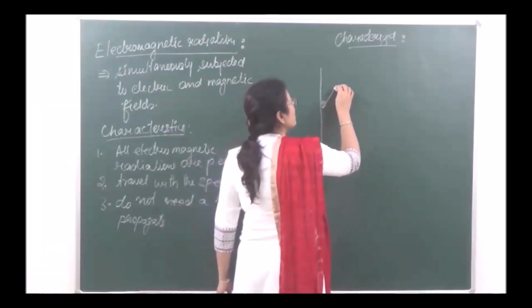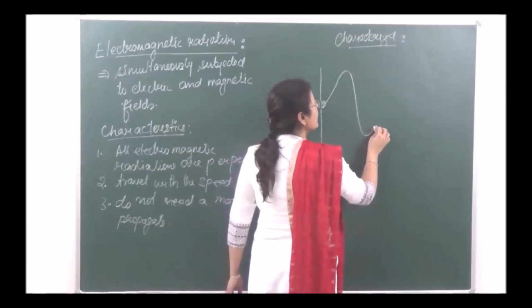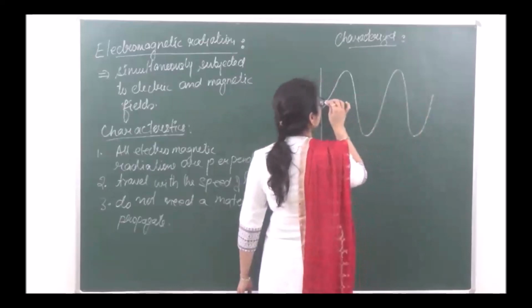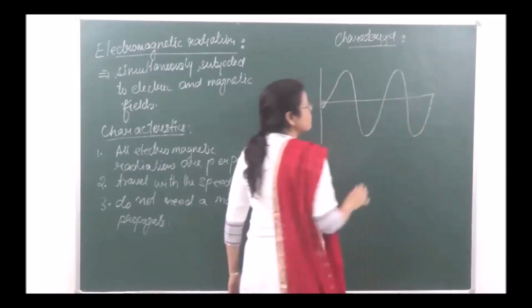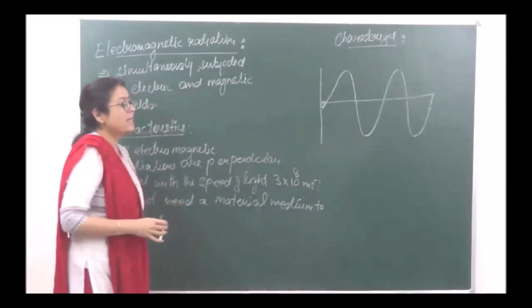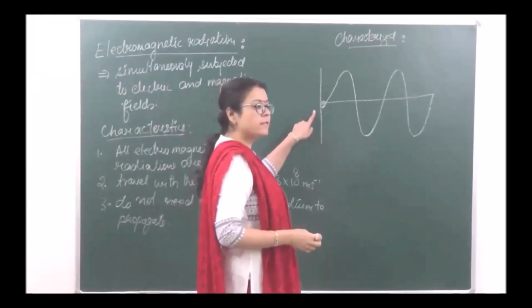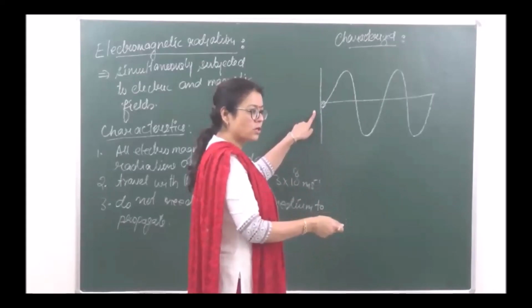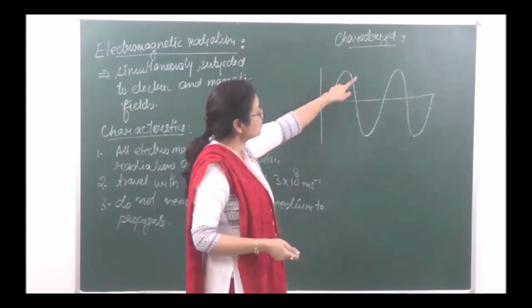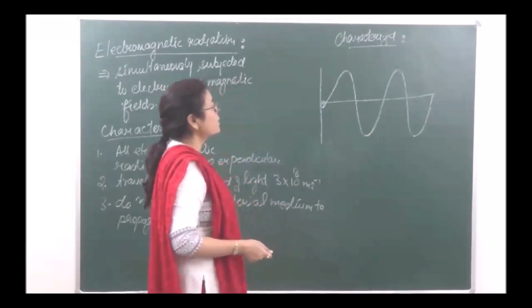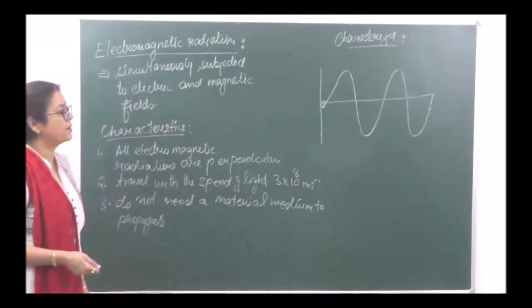The propagation of the electromagnetic radiation is something like this, in a similar manner as when you have tied a rope on a fixed point and you give it a jerk. The pattern which would be seen would be something like this. That is what electromagnetic radiations are.